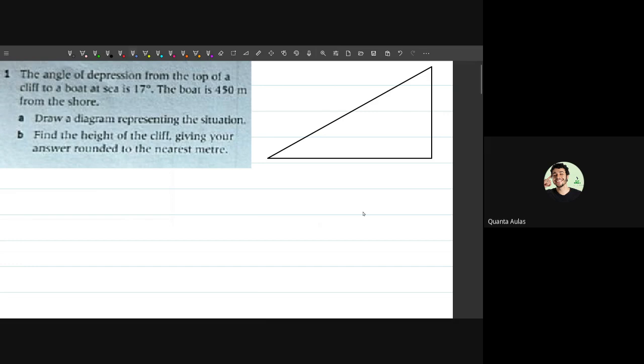Here is 70. The boat is from the shore. I don't understand this problem totally, but I think the boat is here. The shore is like where you enter the ocean, like in the sand.